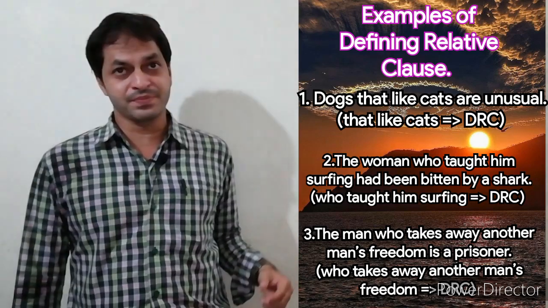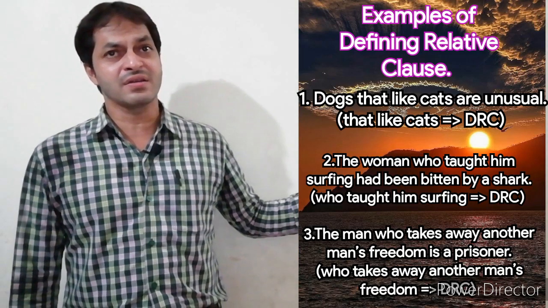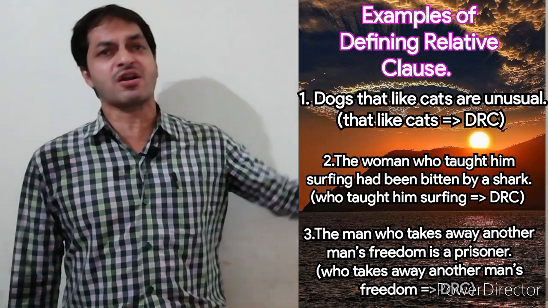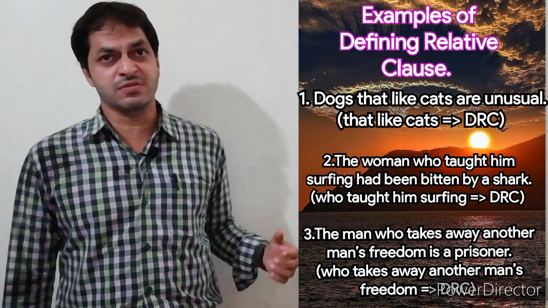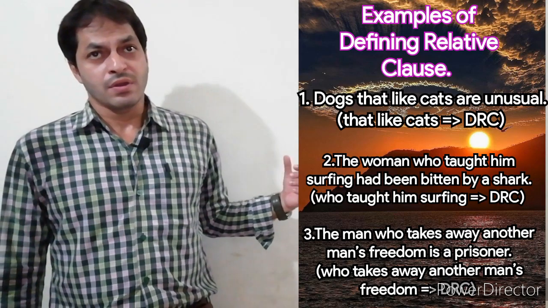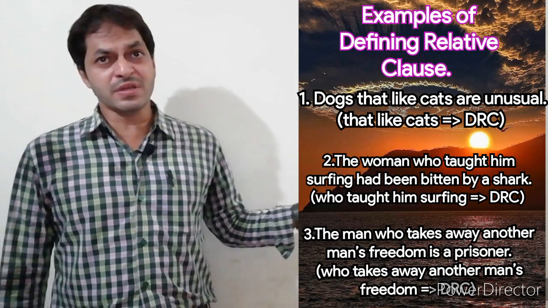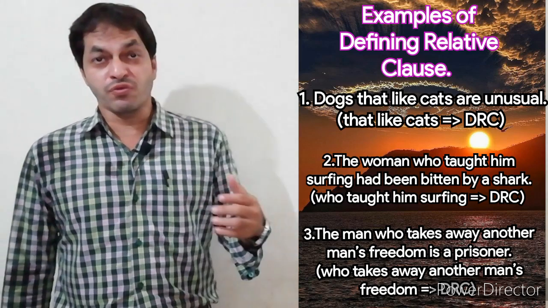Second example, the woman who taught him surfing had been bitten by a shark. Who taught him surfing is defining relative clause. Strike out and read out the sentence. The woman had been bitten by a shark. Which woman?